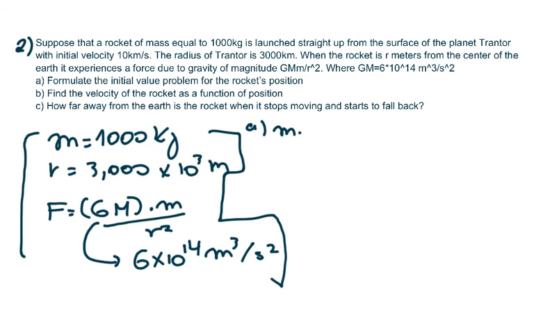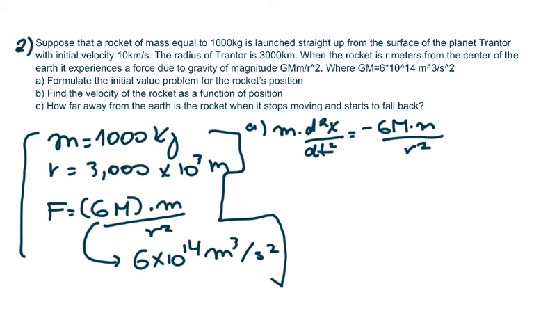So we have m. We multiply that by the second derivative of the position function. So we can write that down. Is equal to, now we got to account for this force due to gravity of this given magnitude. So let's write that down. So we have GM uppercase, we have the m, that is the mass, over r squared.